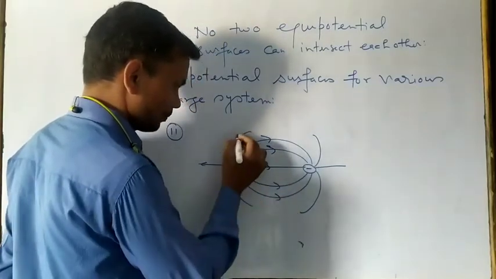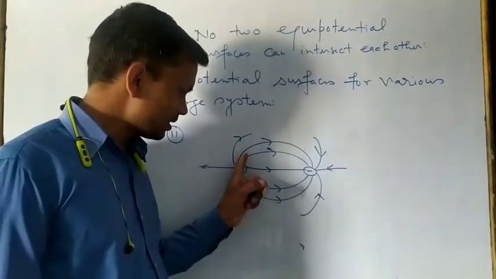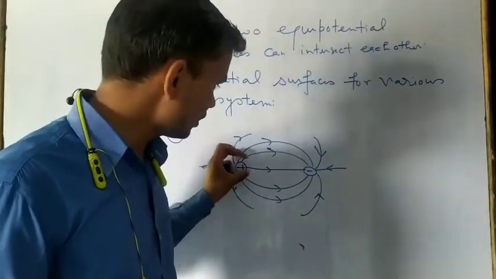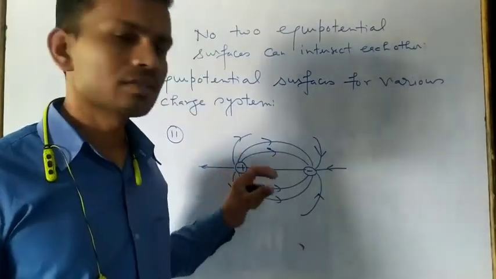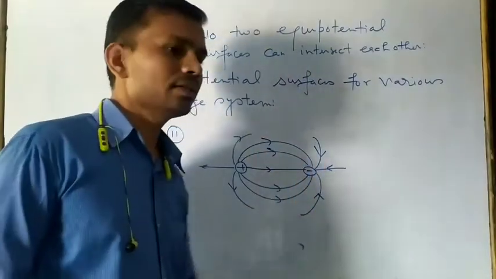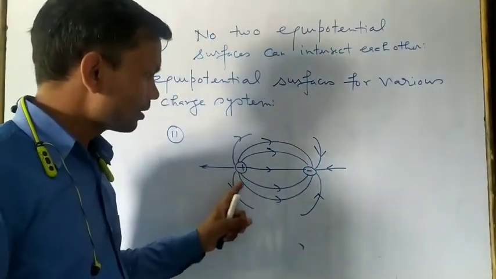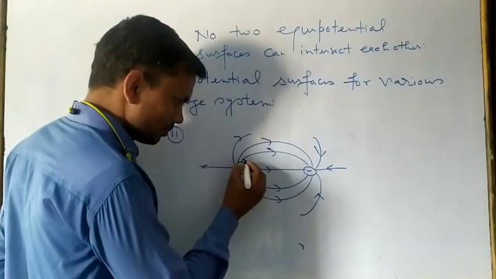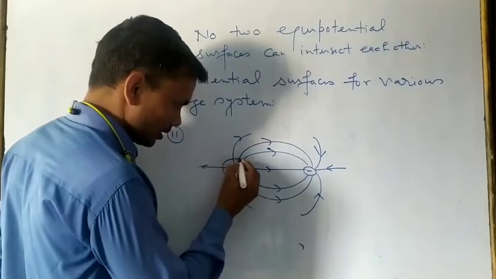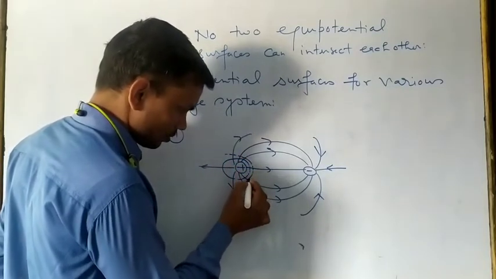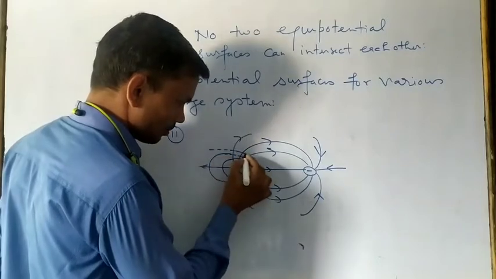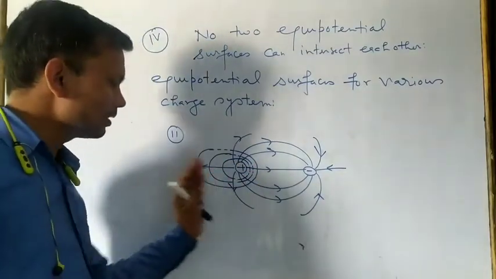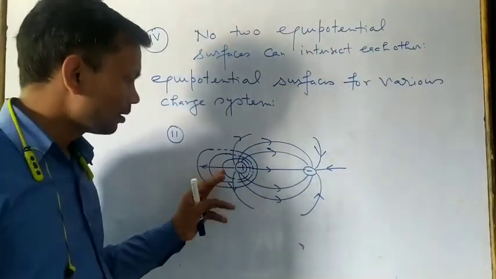Here you have to see, in this region the electric field lines are very close to each other. Therefore in this region the strength of the electric field is maximum in comparison to the outer region. So if you draw the equipotential surfaces, on this side they are closer to each other, but on the outer side their separation increases.